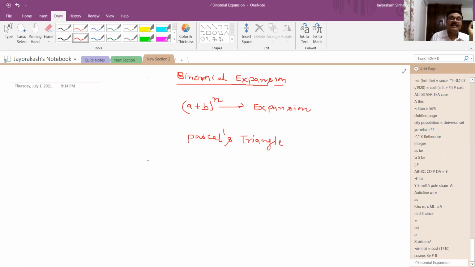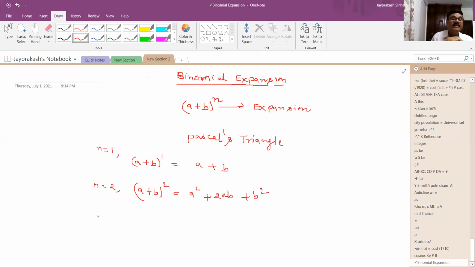You already know that if n is equal to 1, the expression will become (a + b) to the power 1, that is equal to a + b. If n is equal to 2, this expression will become (a + b) to the power 2, and we already know the expansion of this, and that is equal to a² + 2ab + b².